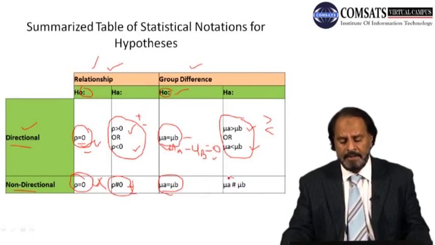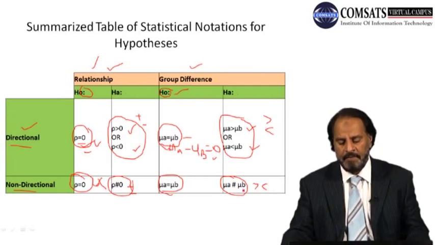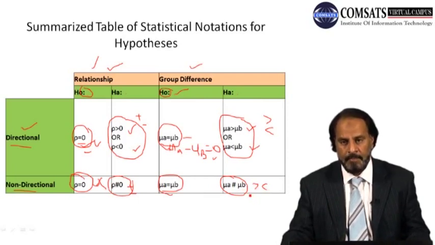Similarly, when you look at the group difference, we're saying they are not equal. We're saying they are different. So one could be more than the other, or it could be less than the other, either way.